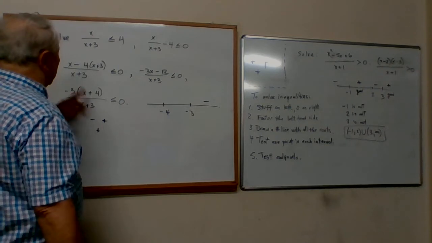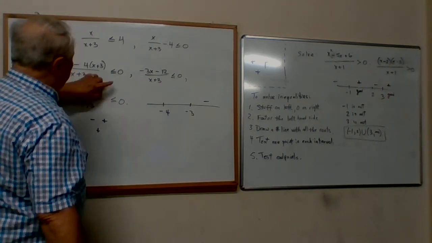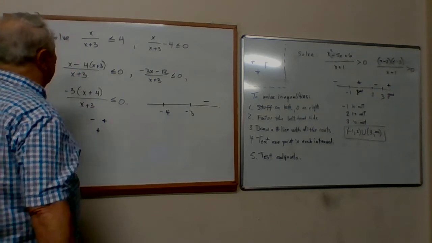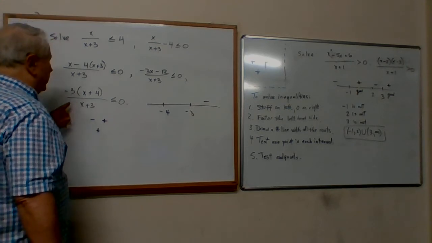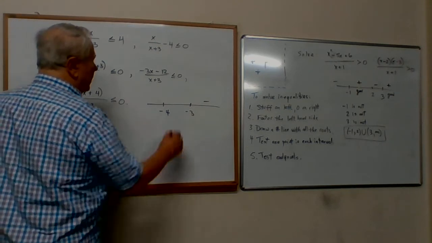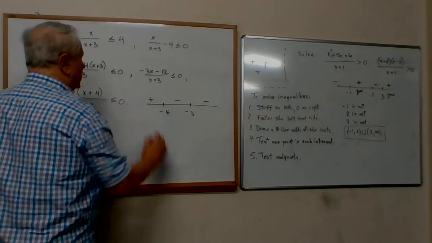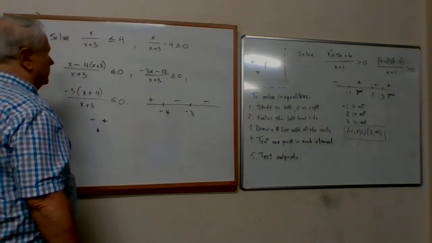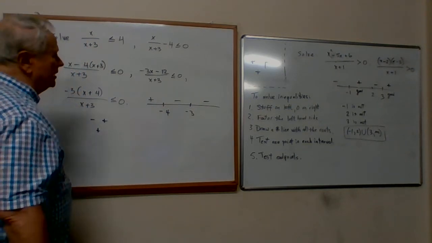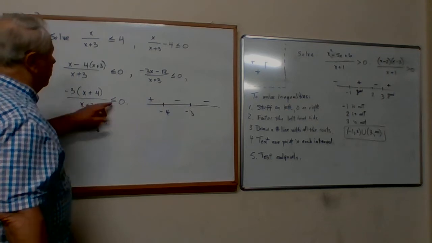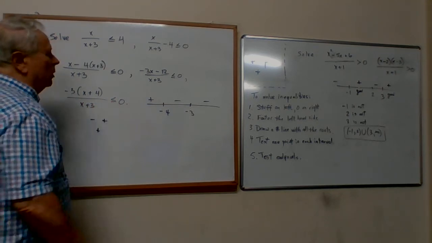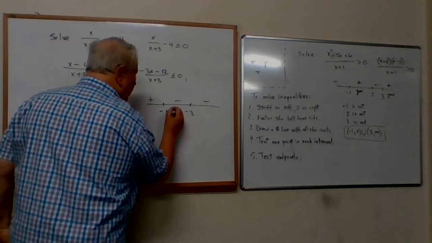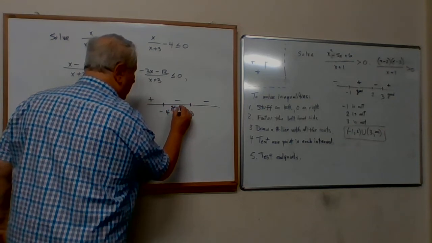And since it's factored all the way to the bones and I don't have any polynomials of degree 2 or higher, then I can alternate the signs. And that takes care of that. Now, which are good guys and which are bad guys? I want less than or equal to 0. So this one is the good interval.